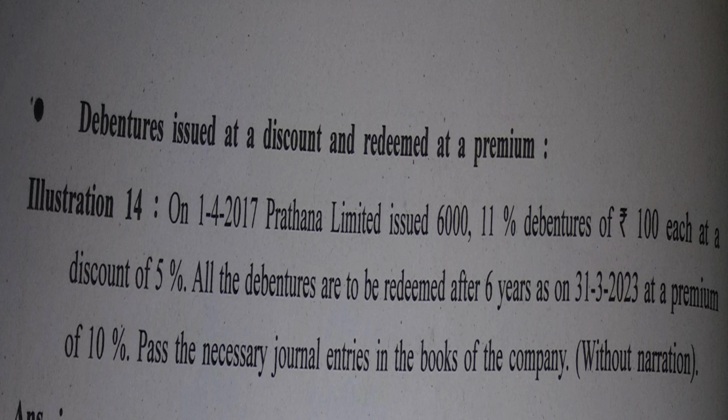Let me repeat the question. A company has issued 6,000 11% debentures, the face value of which is ₹100, issued at a discount of 5%. That means the debenture has been issued at ₹95. How many debentures? 6,000. The amount will be returned to debenture holders after 6 years at a premium of 10%. 10% of what?